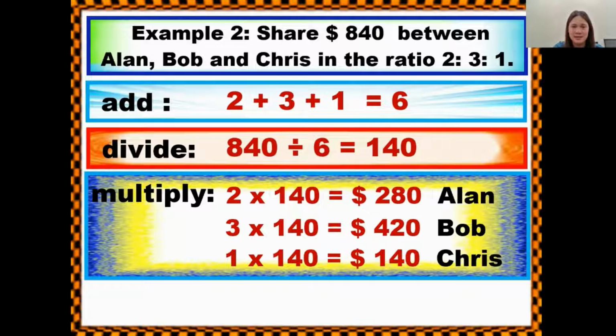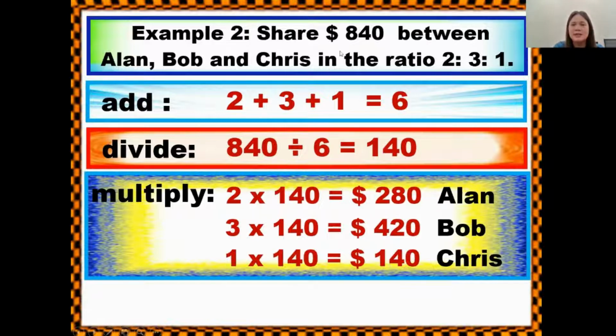Now let's check if the answer is correct. So we will be adding the amounts that they have shared. Alan is 280, Bob is 420, and Chris is 140. Adding all these amounts, the total should be the same as the amount given.